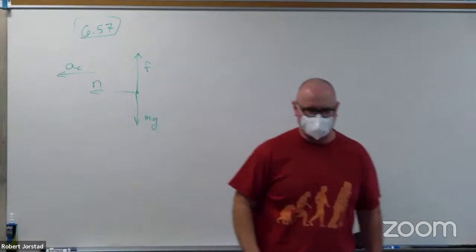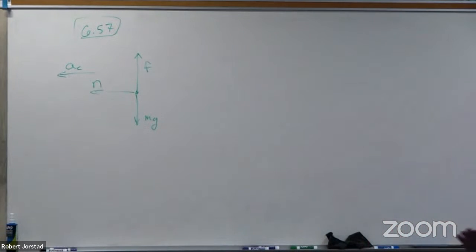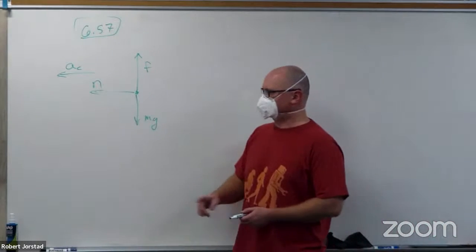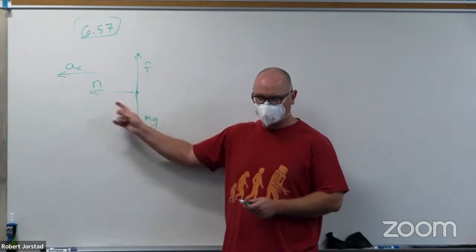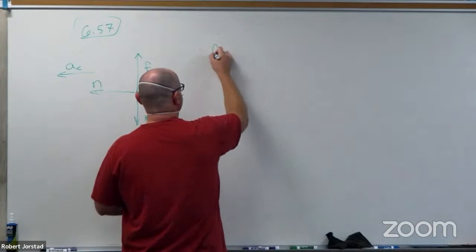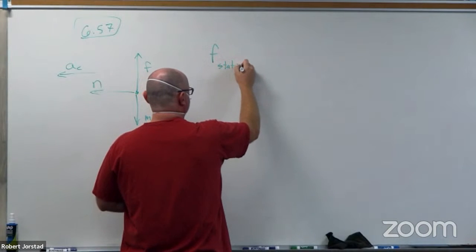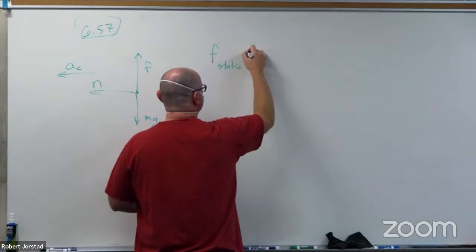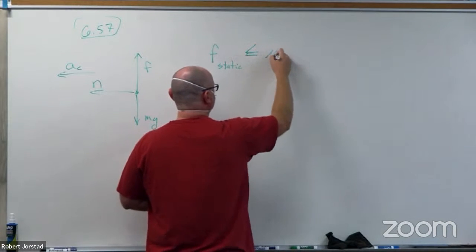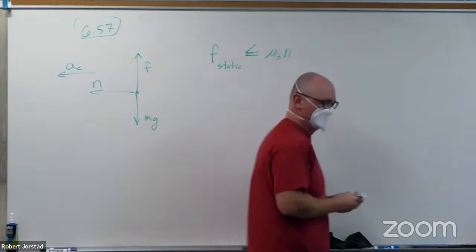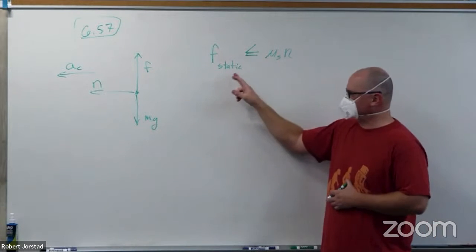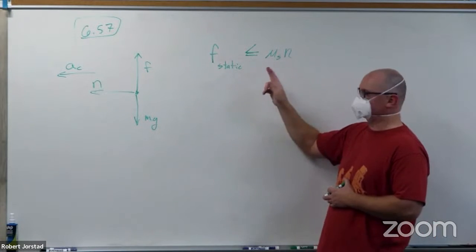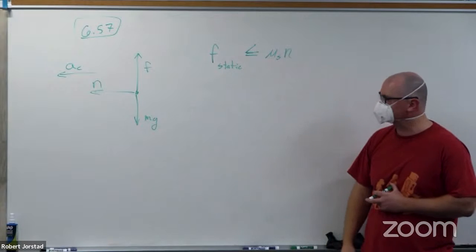My point being this: if we crank up the speed on here, the normal force increases. But recall that friction in the static case is less than or equal to mu static times the normal force.